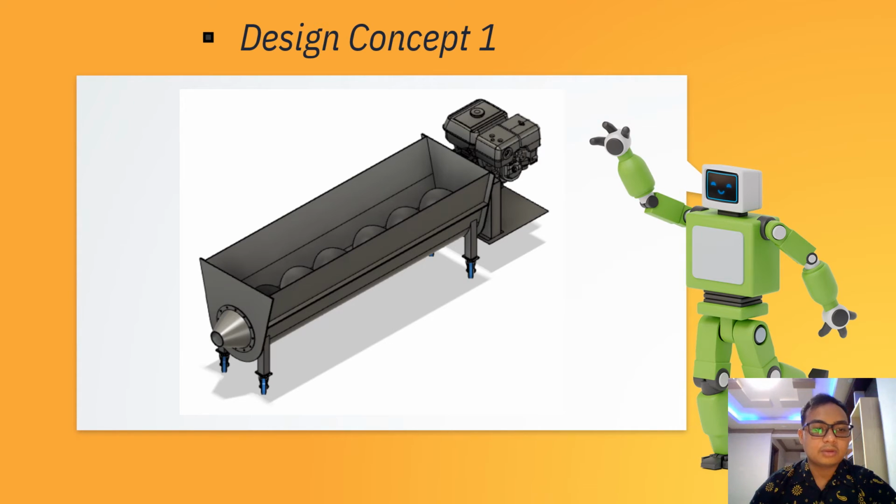This design concept 1 also has a weakness, namely the output conveyor only uses a short steel plate funnel, so the pushing force of the conveyor screw is less. The mobility of the tool in this design concept 1 uses trolley wheels.